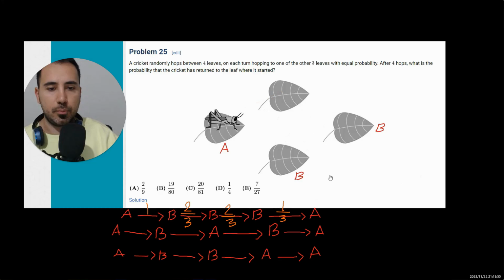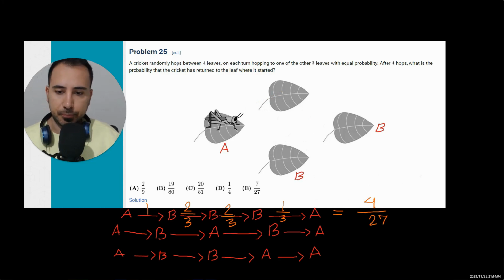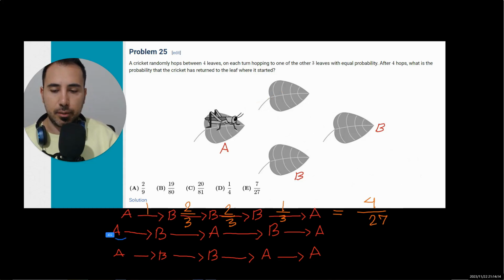So let's just multiply this. This will be 4/27. Yes, that's very good. Now, how about the other one? Look, we are at A. We definitely have to go to B. From A going to B, it was 100%, just 1, like the first one.